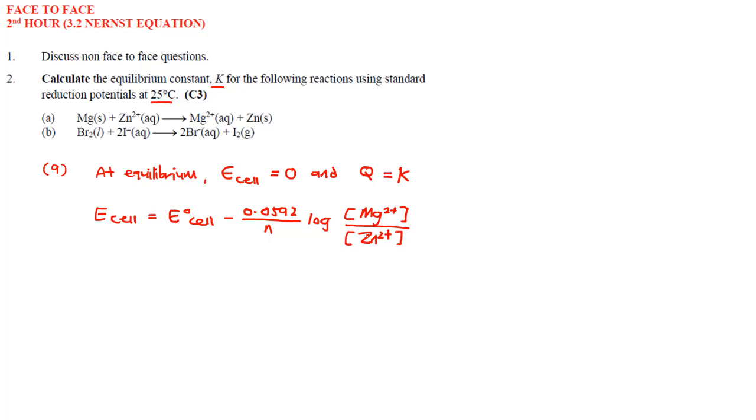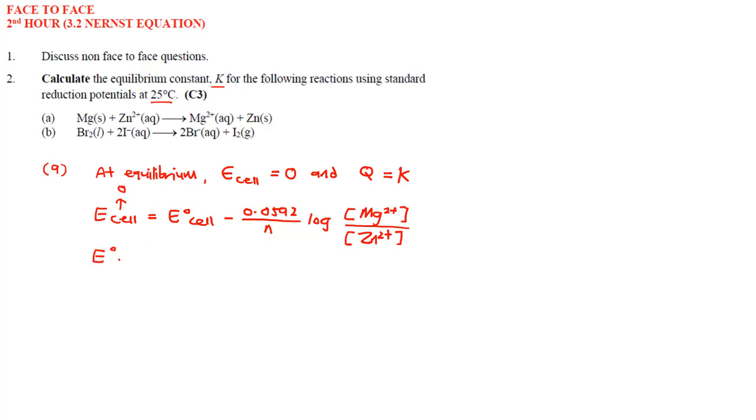So this concentration of magnesium over concentration of zinc, we just equate it with K. And you know E cell is equal to 0. Okay, E cell at equilibrium is equal to 0.